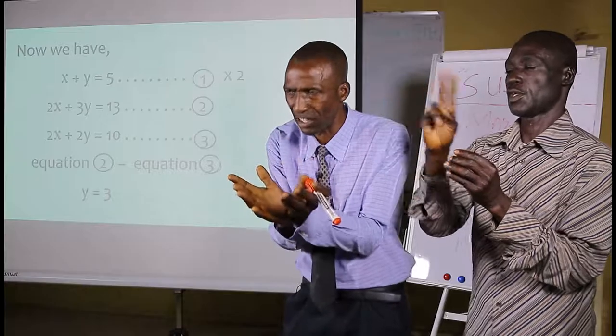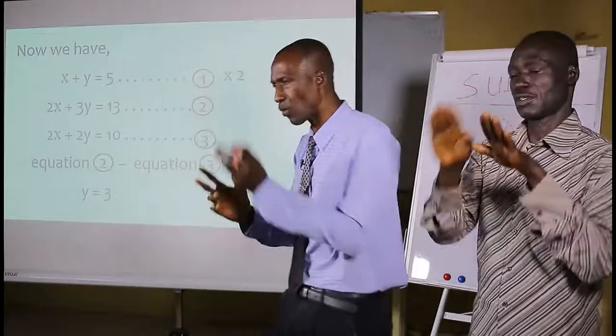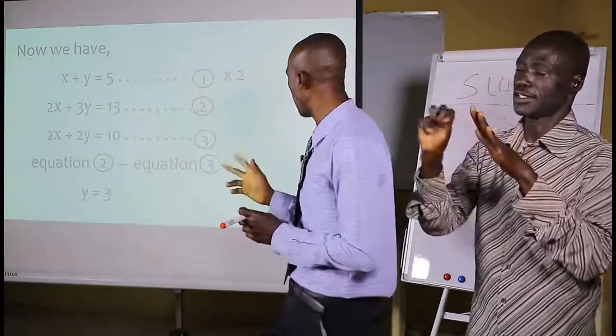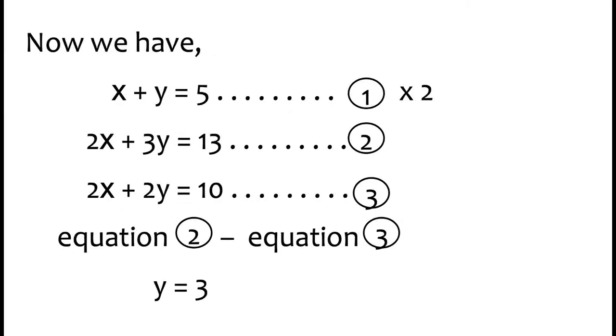By using the elimination method, you can see that the two equations are not balanced, so you have to balance them. I chose to balance x. The coefficient of x in equation 1 is 1, and the coefficient of x in equation 2 is 2.